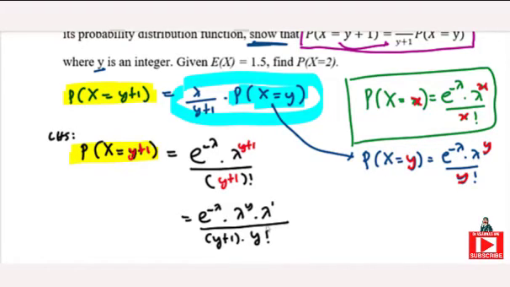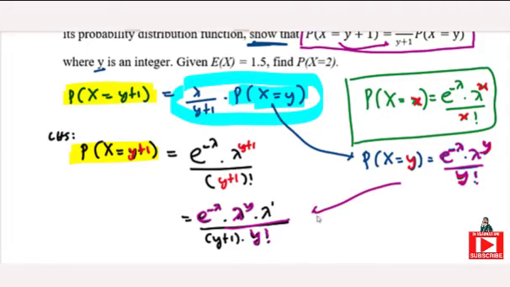So check, this is e power negative lambda times lambda power y over y factorial.